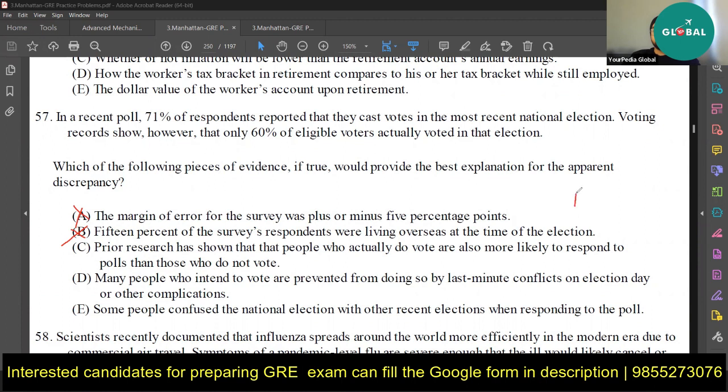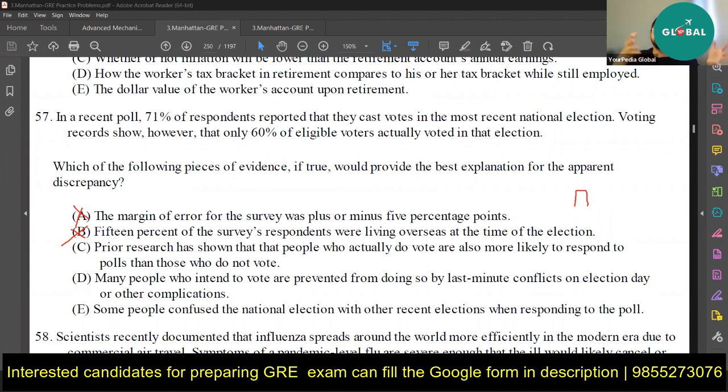For example, they generate the polls for everyone, they generate this question for everyone, whether you vote or not. Maybe some people who did not vote also did not respond to the poll. Then the sample size is different, right? If people who are not voting are not responding to the polls, it means the sample size is different now, so we have to exclude them from the sample size.